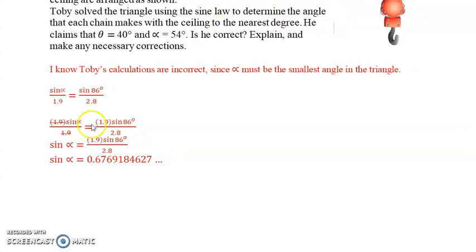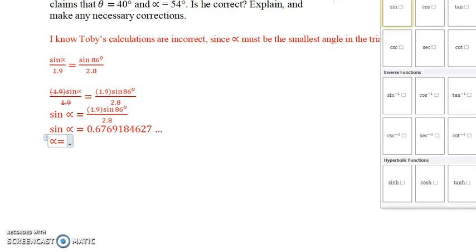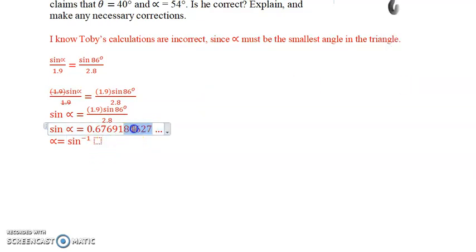So when we did that on our calculator, we got 0.6769 and so on. So now we do the inverse sine. So alpha is equal to inverse sine of that number.